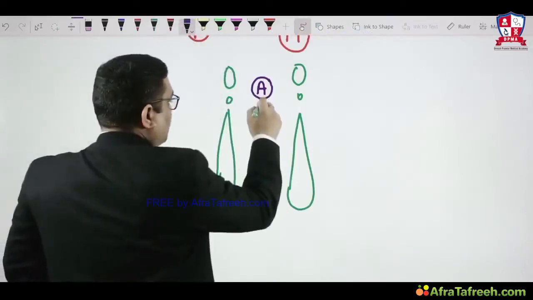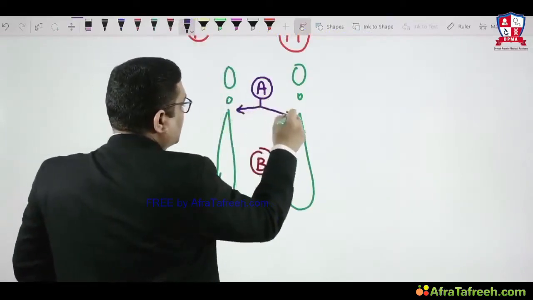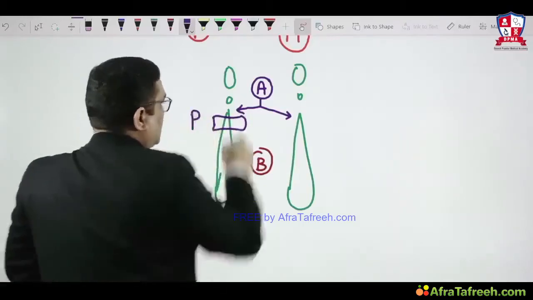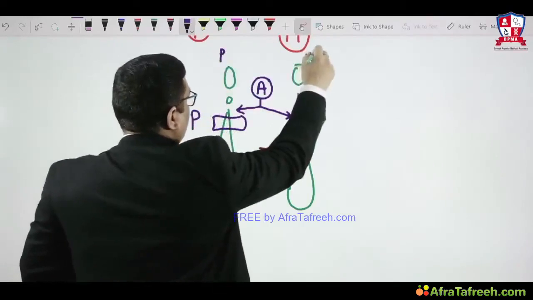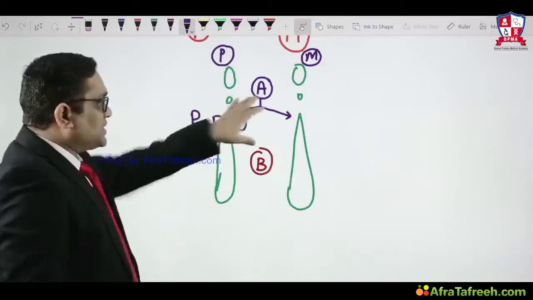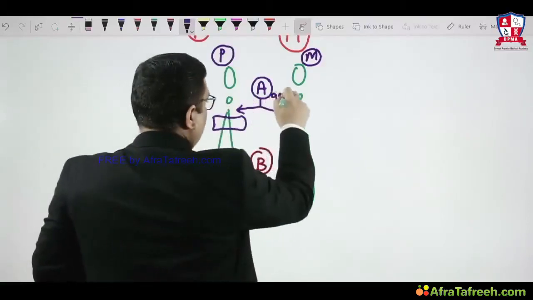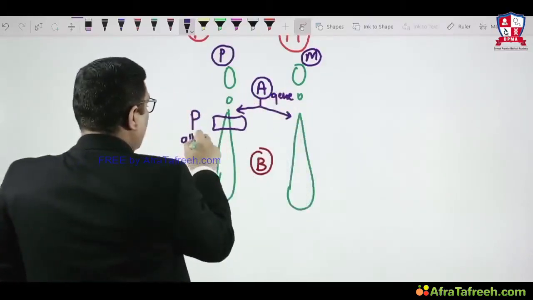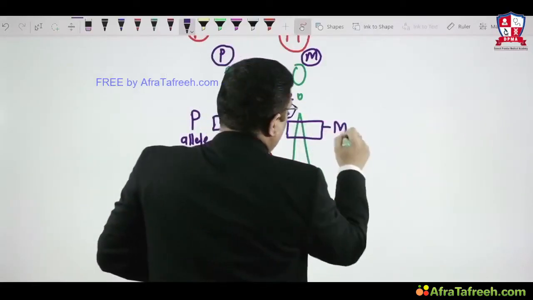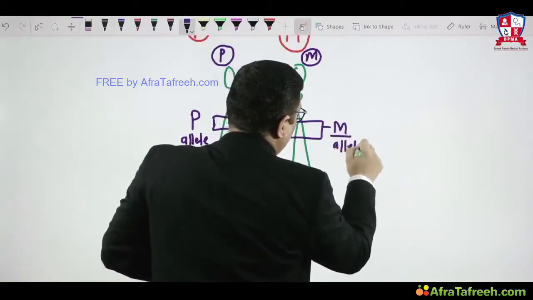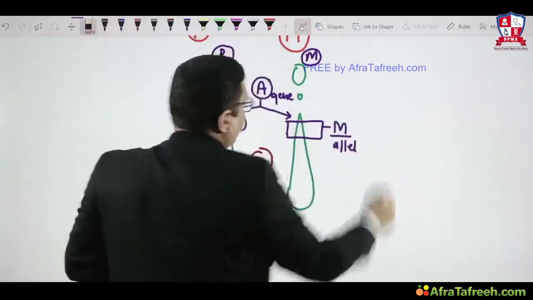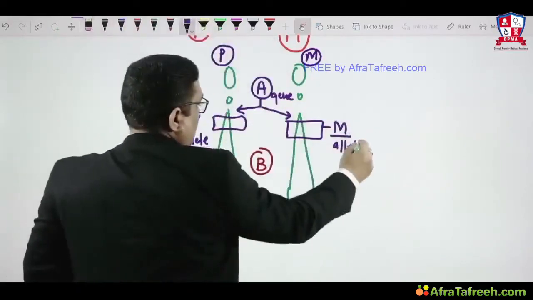So this A gene will have two alleles, as we have discussed. This is the paternal chromosome, this is the maternal chromosome, right? Here I am showing you the A gene, and this A gene has two alleles, the paternal allele and its counterpart, the maternal allele.